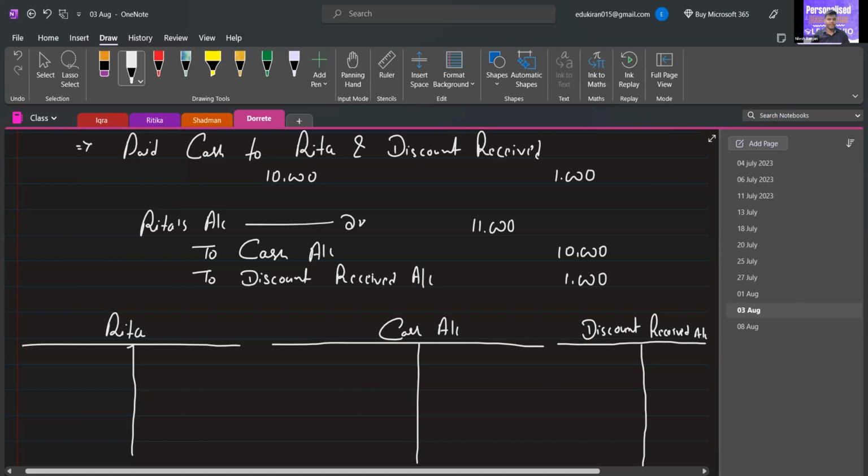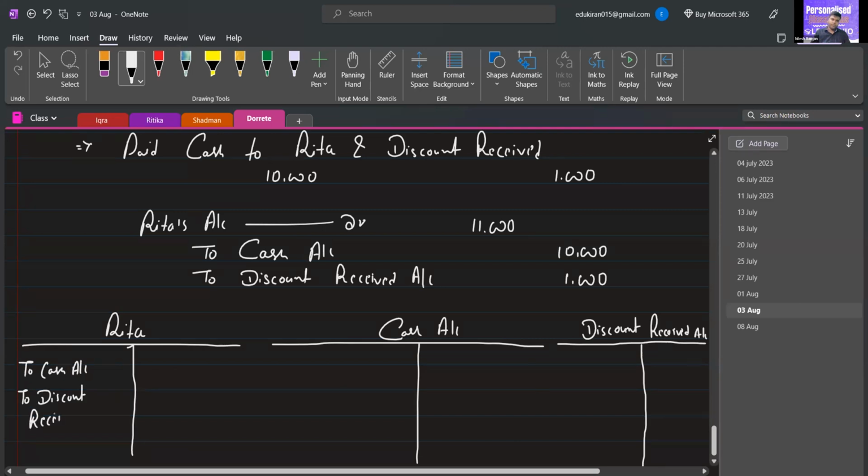And to cash account, to discount received account. To discount received account means both.